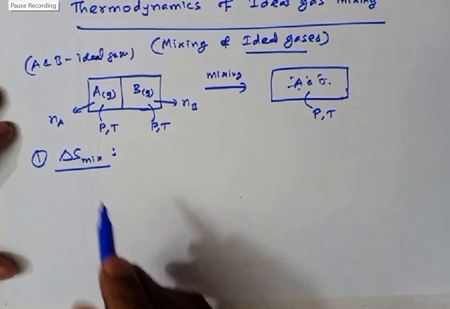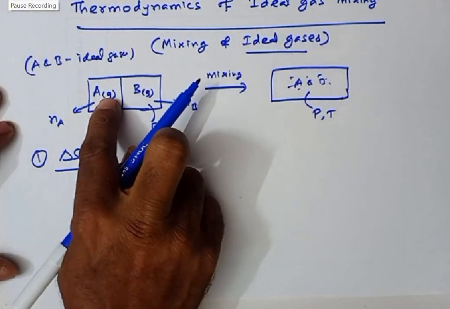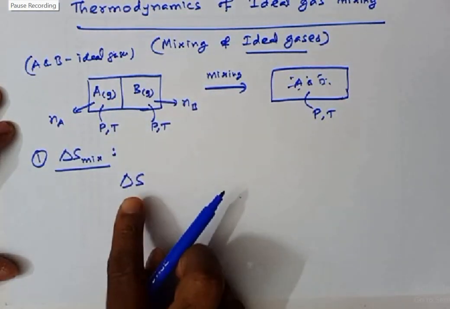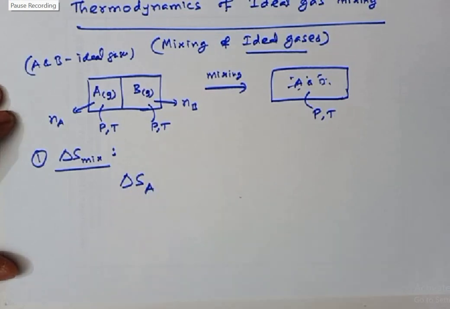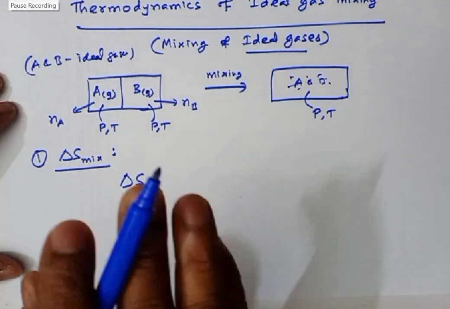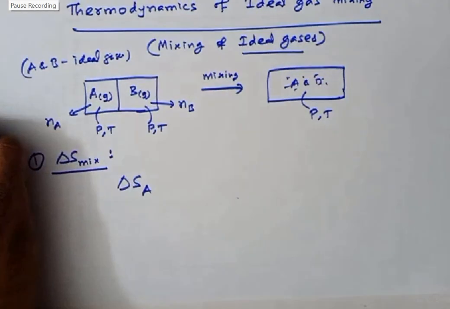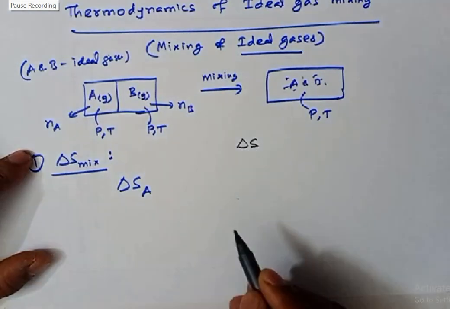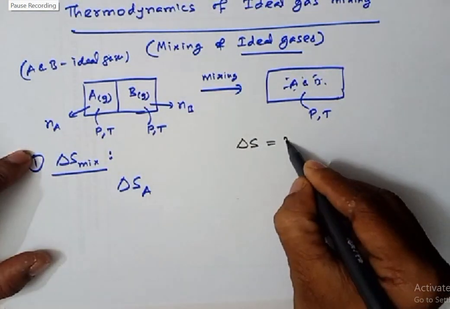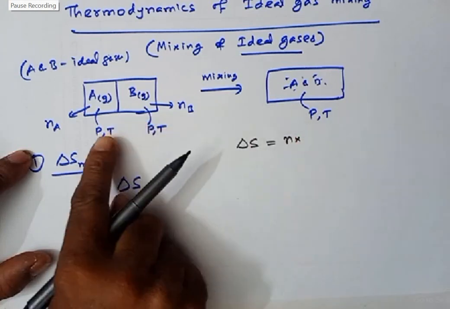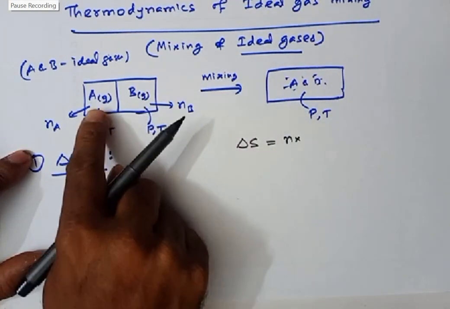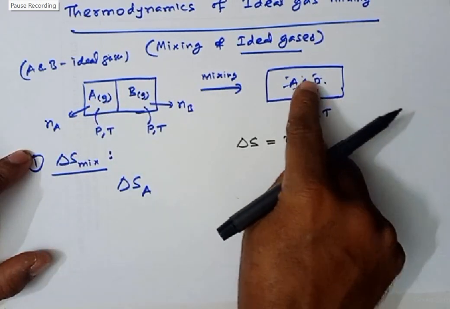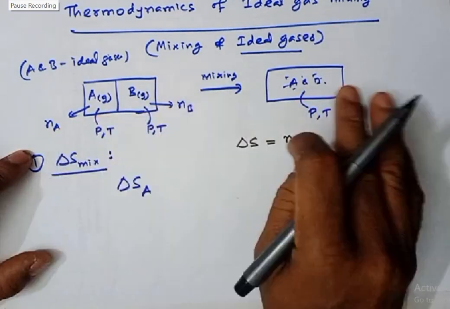Now, first we'll find out what is the delta S mixing. Delta S for gas A alone, change in entropy of gas A. Observe this carefully. For ideal gases, you know very well this formula. Pressure is constant, right? For gas A, initial pressure is P. After mixing also, the final pressure is the same, P. So pressure remains constant.